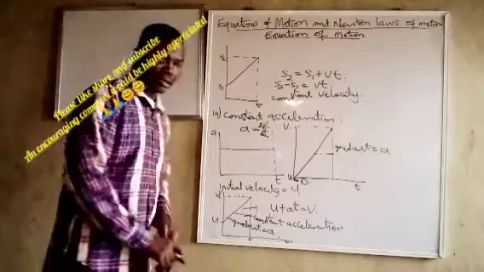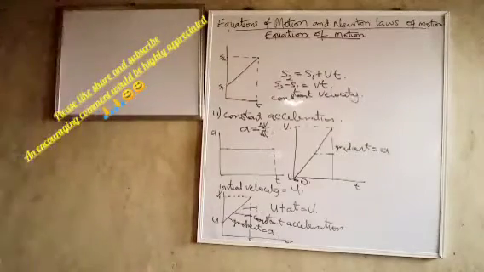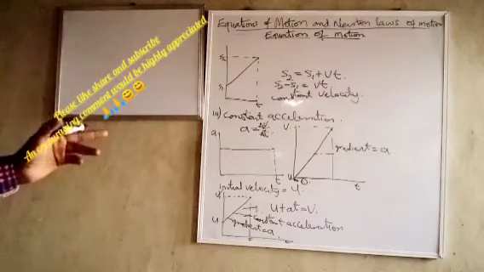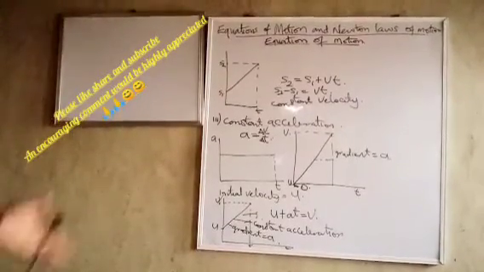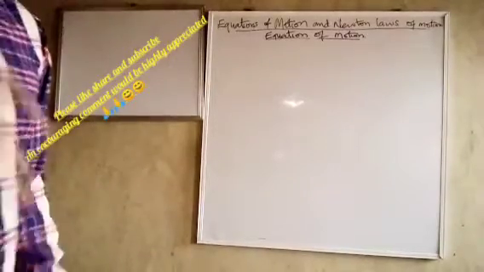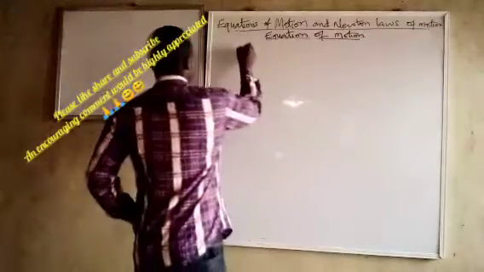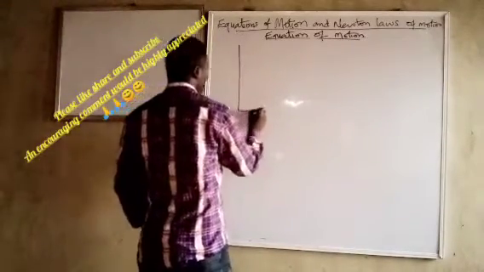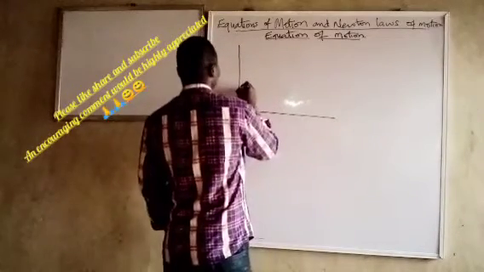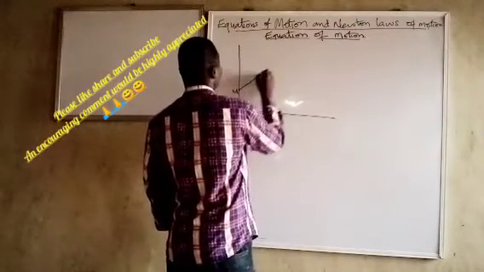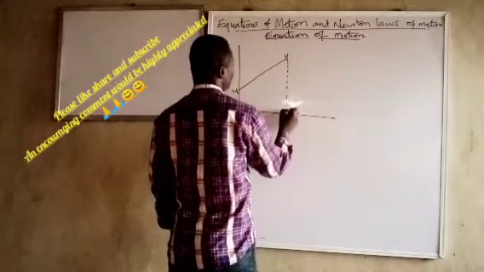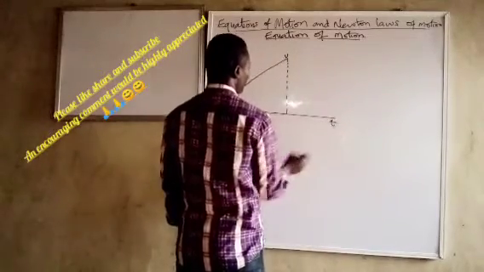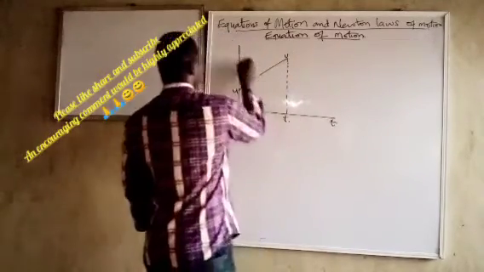So, for our velocity time graph with constant acceleration, we'll take this as our normal all-time graph. So, we have something like this. U, V, and we have T.